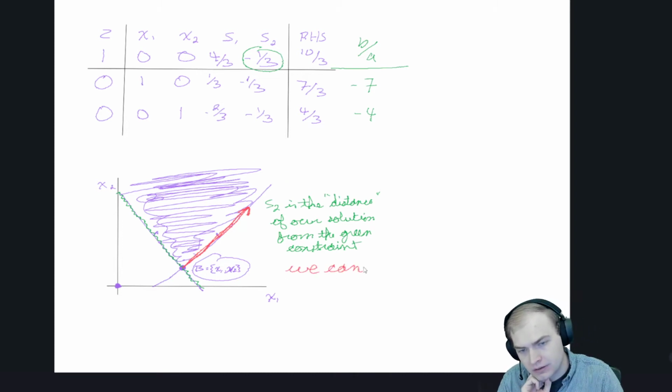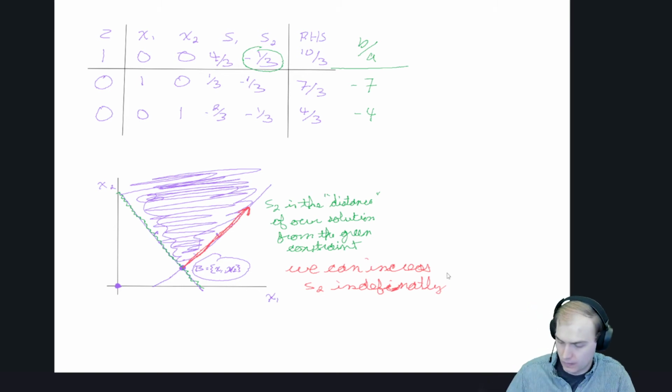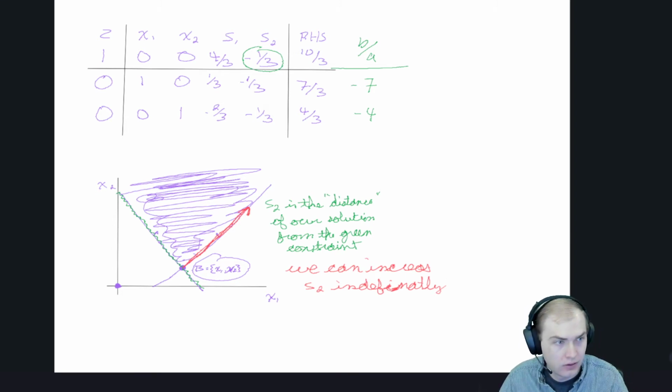We can increase S2 indefinitely. My spelling, this is one of those words that I can never, ever, under any circumstances, spell correctly.